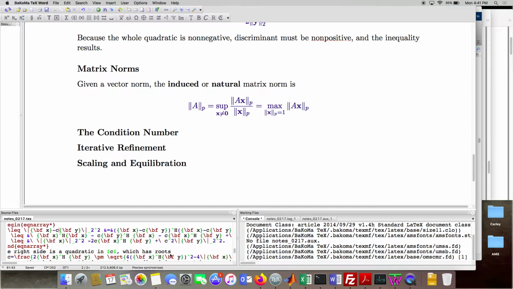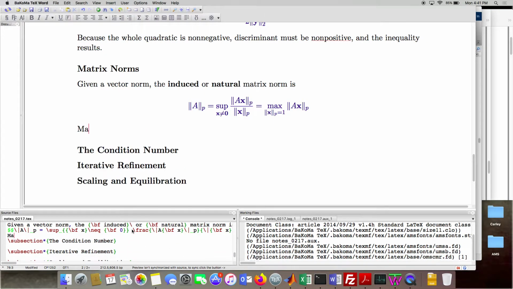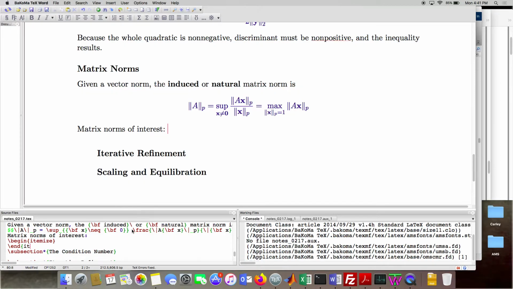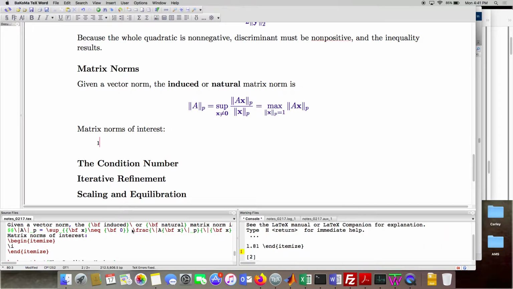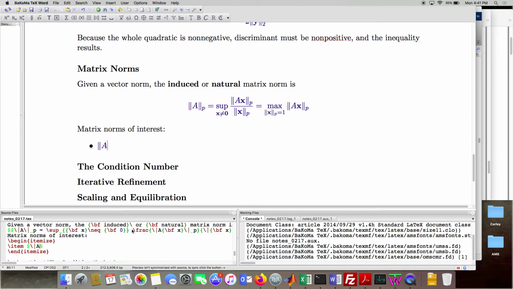Now, what are some matrix norms? All right, so I have 4 that I can mention, corresponding to the vector norms I gave earlier.